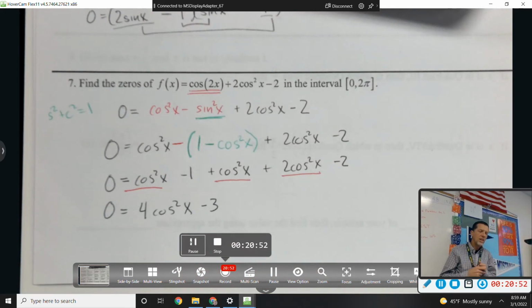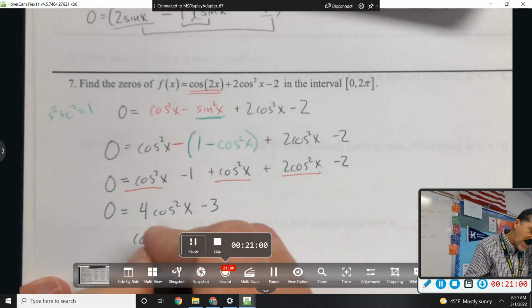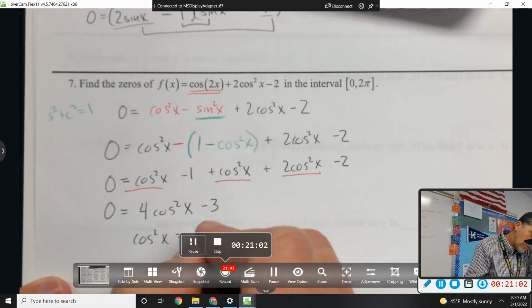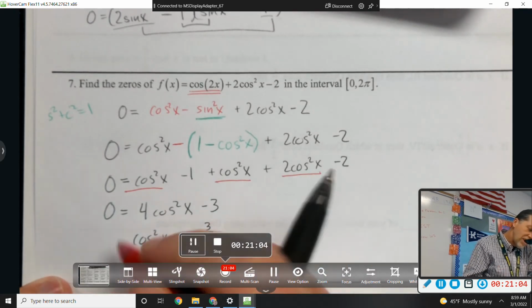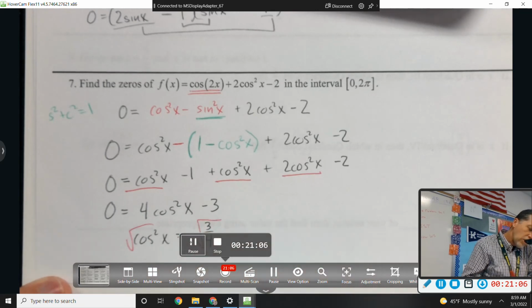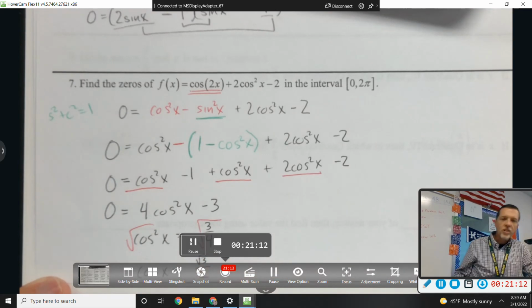What do you want to do from there? Cosine squared x equals 3/4. Square root both sides. So root 3 over 2, because you can square root the top and bottom separately.